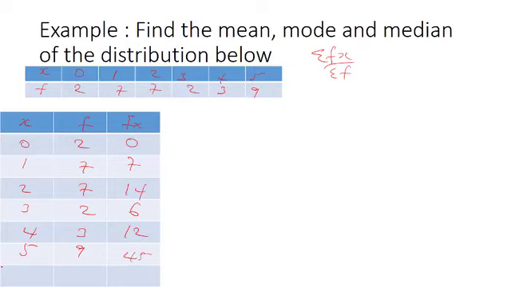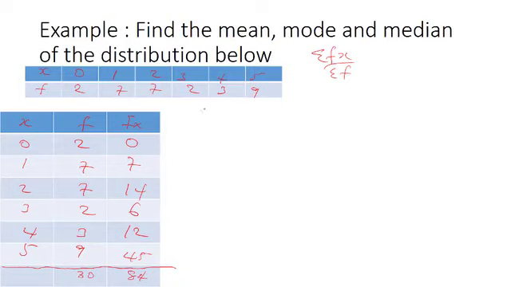Then this is the point for our total. Let's add them. So the point that we need is 84, and our frequency, which is another thing that we need, is 30.